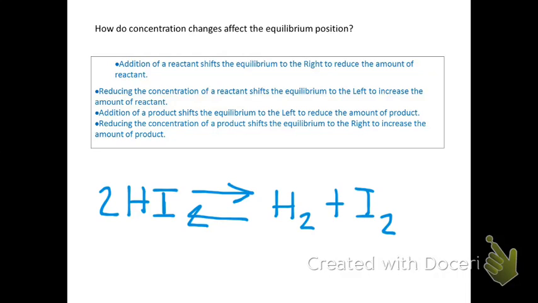Alright? Now remember, the idea of Le Chatelier is if I change the concentration of a reactant or a product, the reaction will do the opposite of what I do to it.